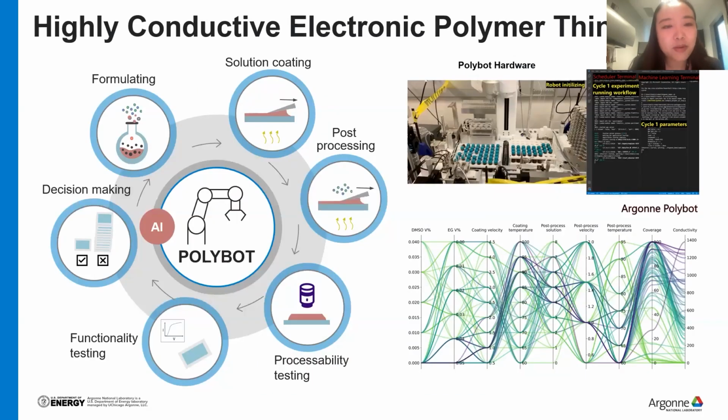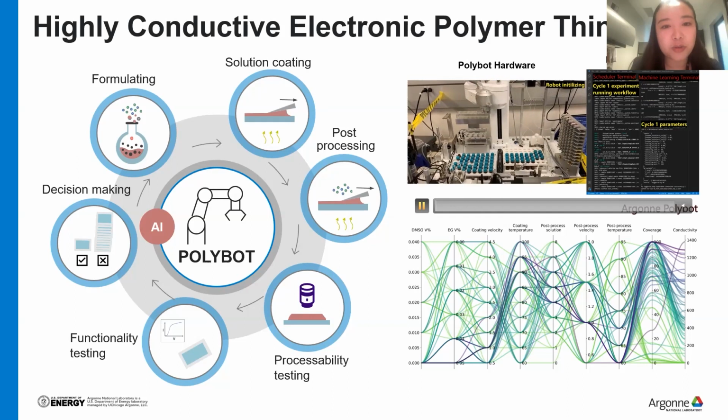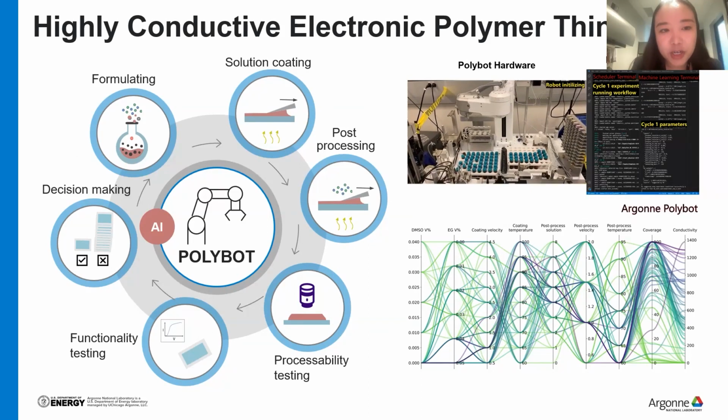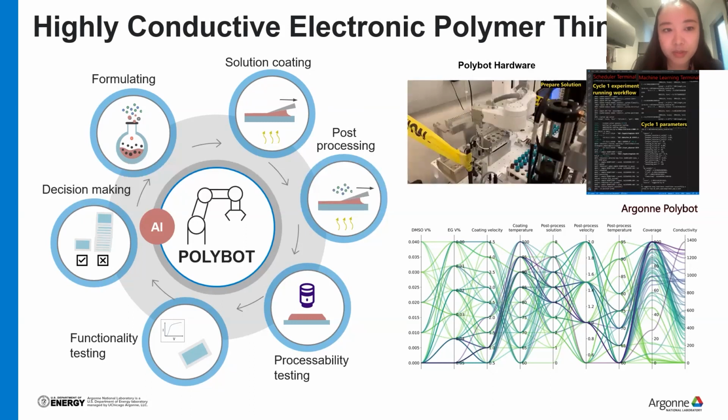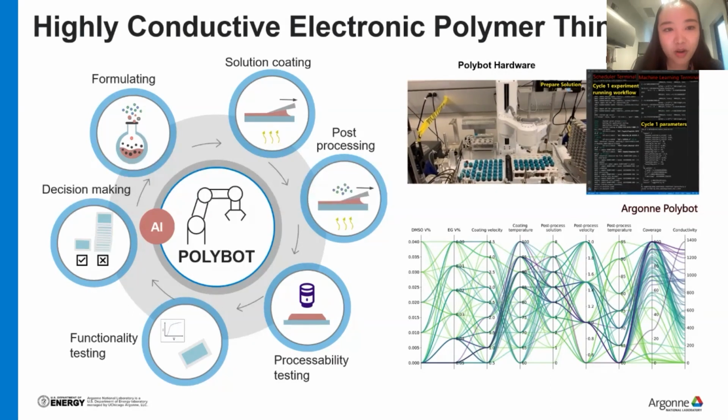So the first example I would like to show is the controlled assembly. We know the controlled assembly of electronic materials, especially electronic polymers, has been crucial in the electronic and energy industry. However, it remains a challenge to do high-throughput production of electronic polymer thin films with desired properties.